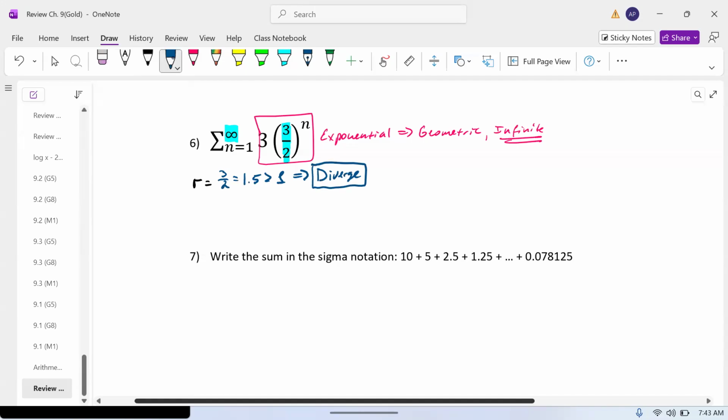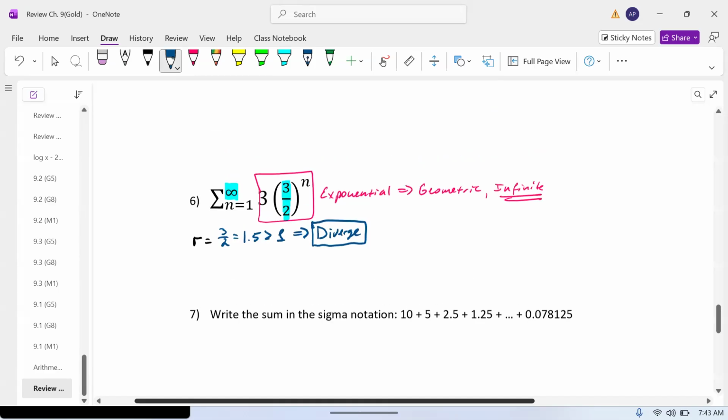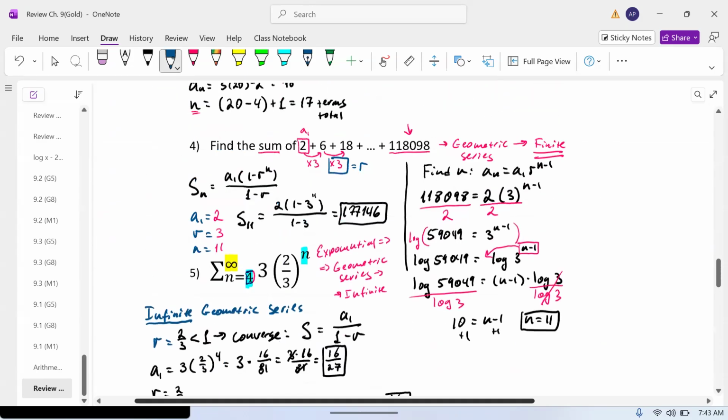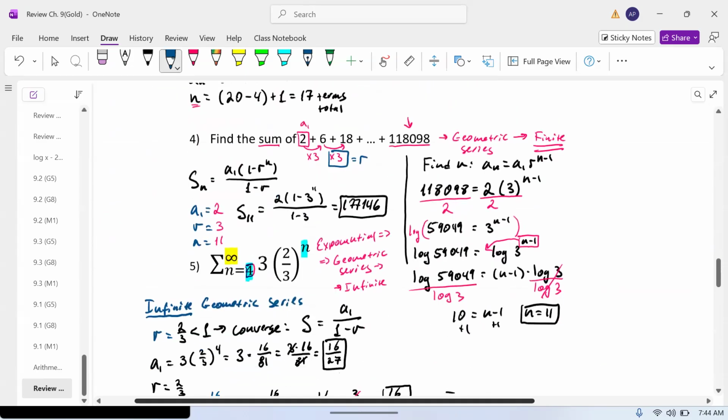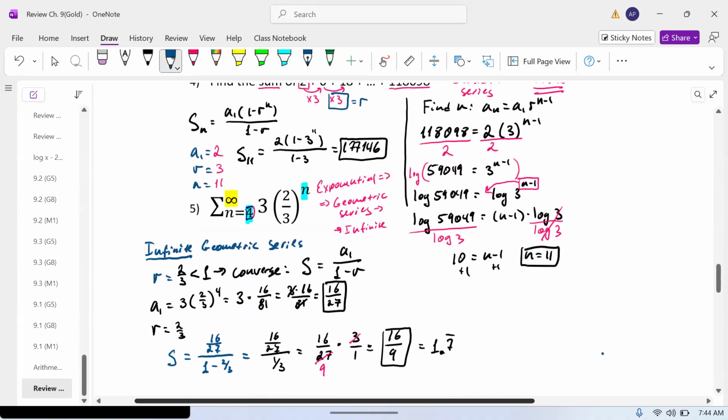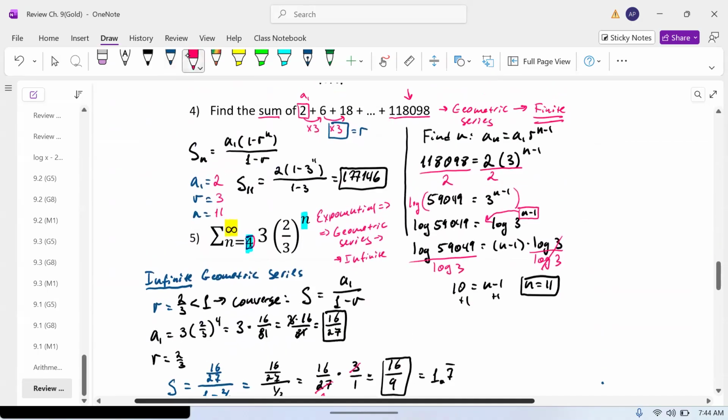That's it. There's nothing else that we can do here because the sum of these numbers will basically go to positive infinity. You don't need to go into those details. It's enough for you to just say that the series diverges. Now, before we continue to the next example, please keep in mind that we're checking whether our common ratio is greater than 1 or less than 1 only for infinite series. If we go back to example 4, notice the common ratio here is 3.